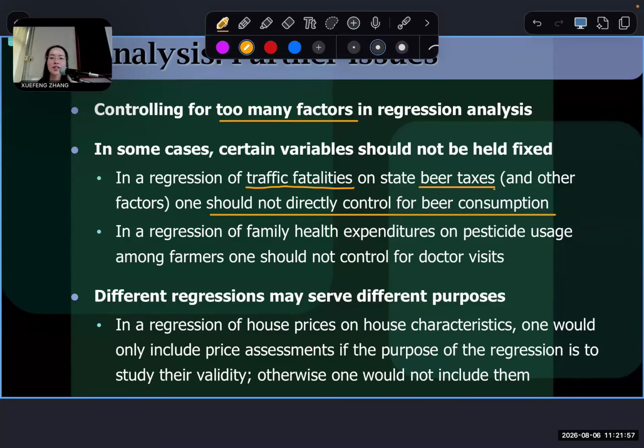Because consumption is the channel through which tax works. If the tax rises, it raises price, which lowers the consumption of beer and of course lowers the fatalities. If we control for consumption, you block the very effect you are trying to measure. The tax coefficient would only capture what's left over, not the real policy effect.